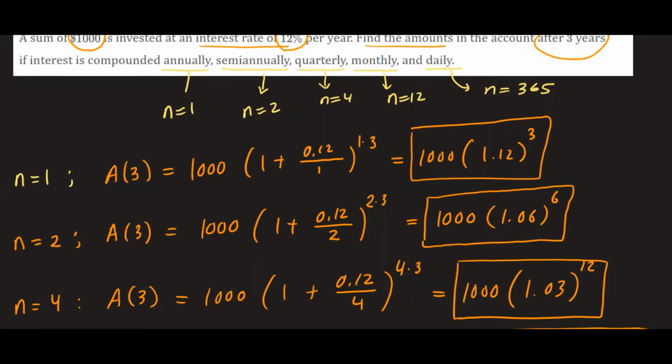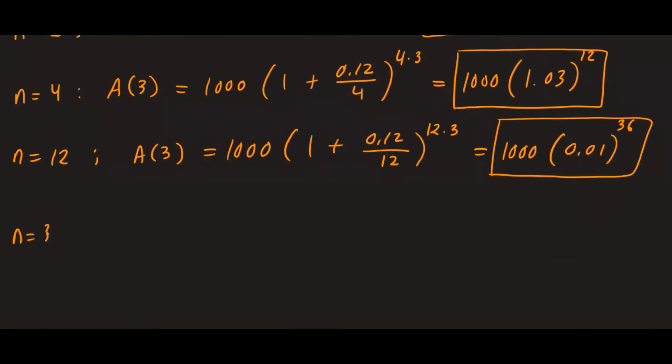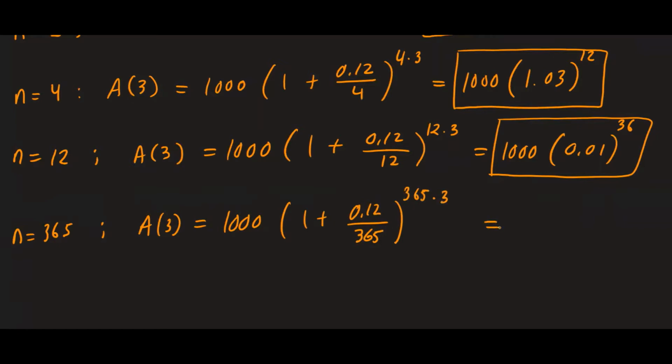And what about daily? Or if you invest the same thing every day? So n is going to be 365. For n equal to 365, the amount after 3 years is 1,000 times 1 plus 0.12 over 365, to the power 365 times 3. And yes, that's probably a huge number.